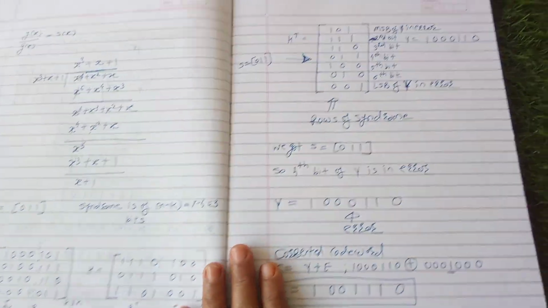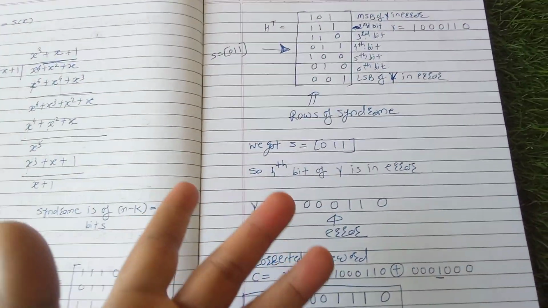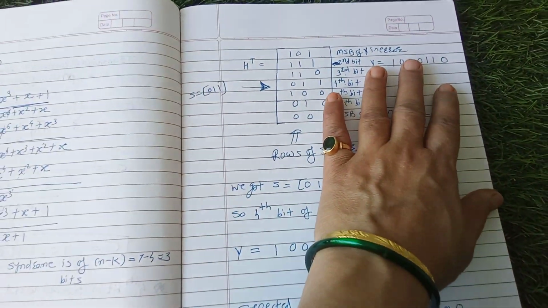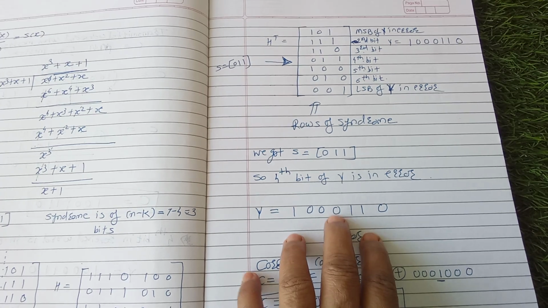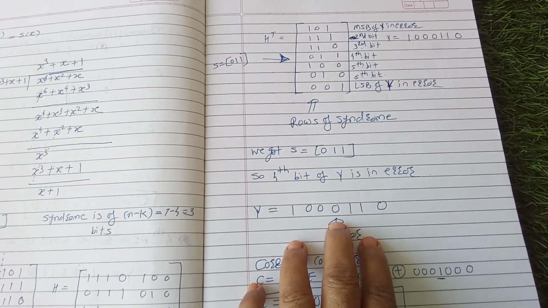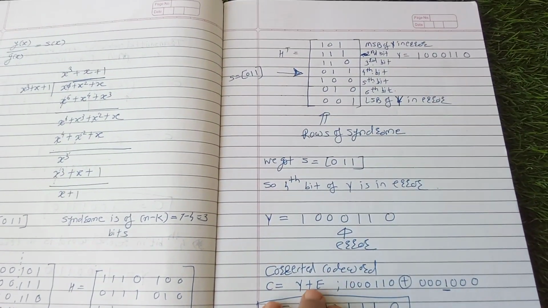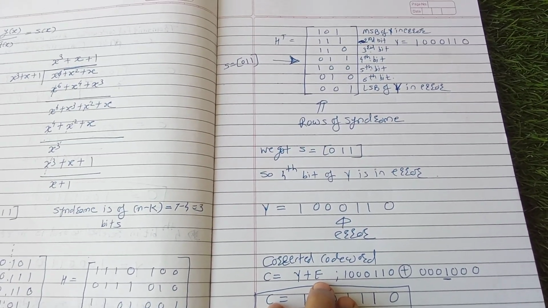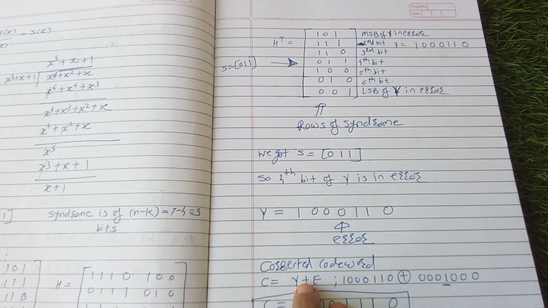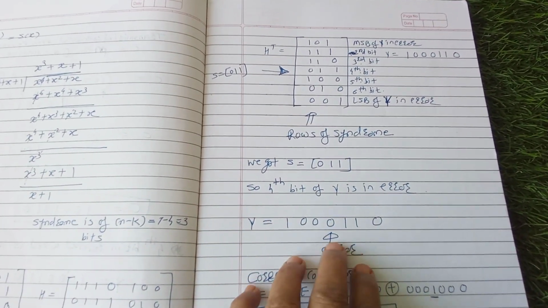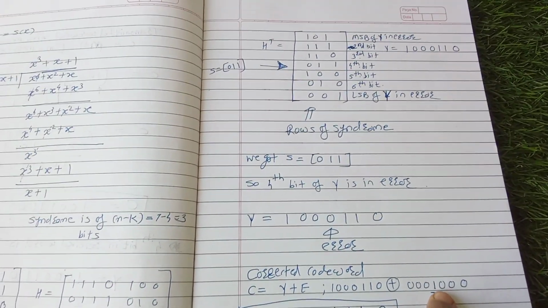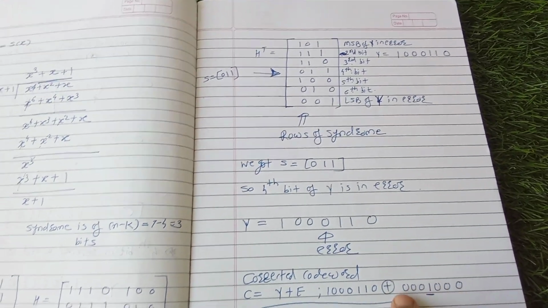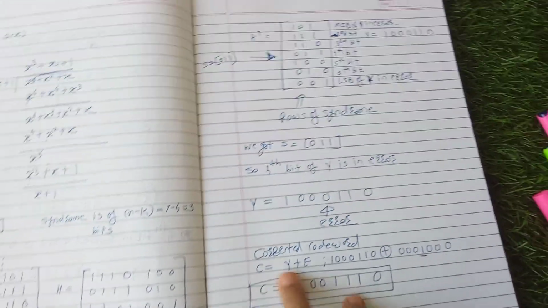After that, how to correct it? It's easy: change 0 to 1. So this is in error, but we will write as per your textbook. We will write the corrected code word as Y plus E. What is E? The error pattern. What is the error pattern? Only wherever the error is there, write down 1 there and fill the others with zeros. The error pattern will be of 7 bits again.